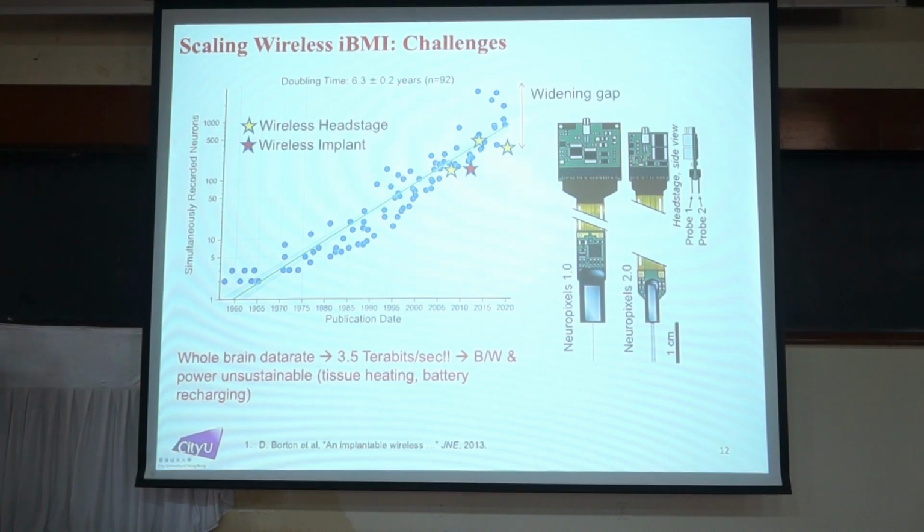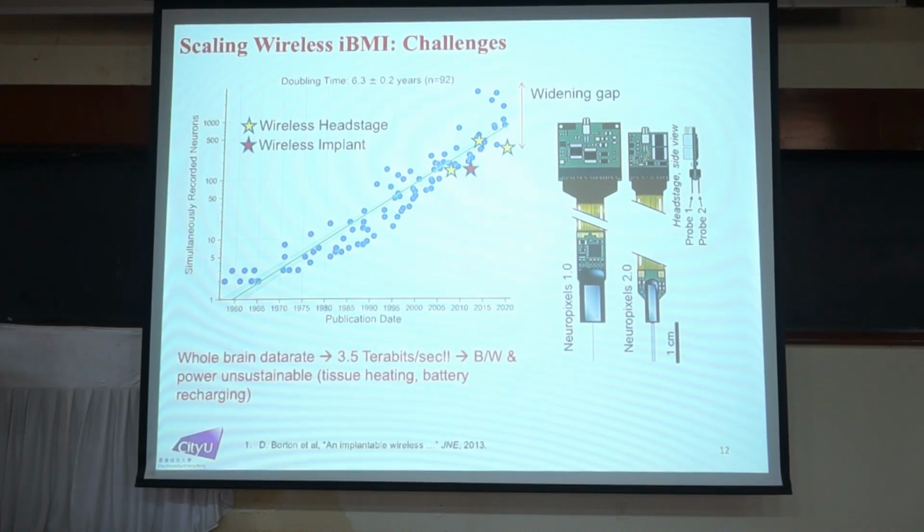The further challenge, well, it depends on how you look at it, is this picture. This picture is sort of like a Moore's law for neural recording. For semiconductor people, everybody talks about Moore's law. The x-axis is time, and the y-axis is the number of simultaneously recorded neurons. Again, this is a log scale.